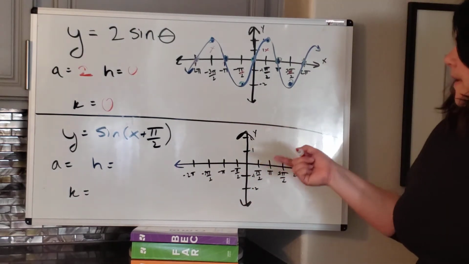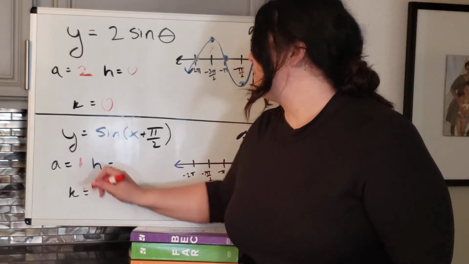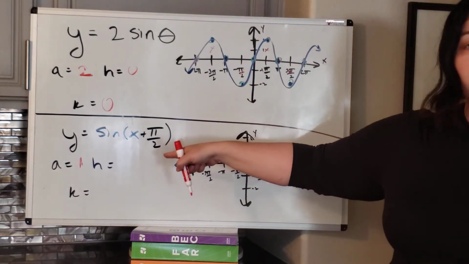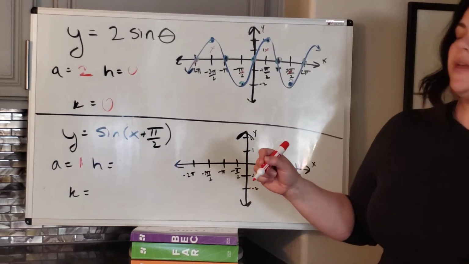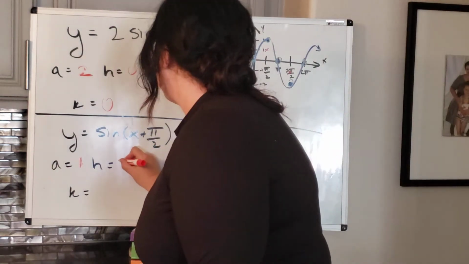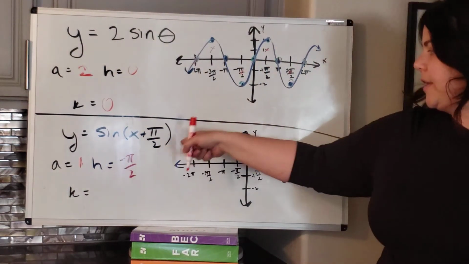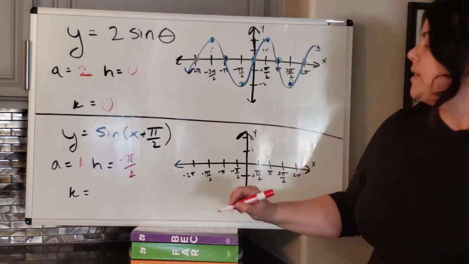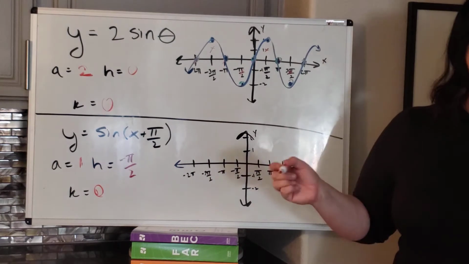Identifying this, if I don't have anything out front, that means my A is a 1. We do have an H here, and with graphing, it always goes the opposite direction you think it will. Since this is positive pi over 2, this is going to be negative pi over 2. Lastly, looking for a K, we don't have one, so our K is 0 because we are adding and subtracting 0.